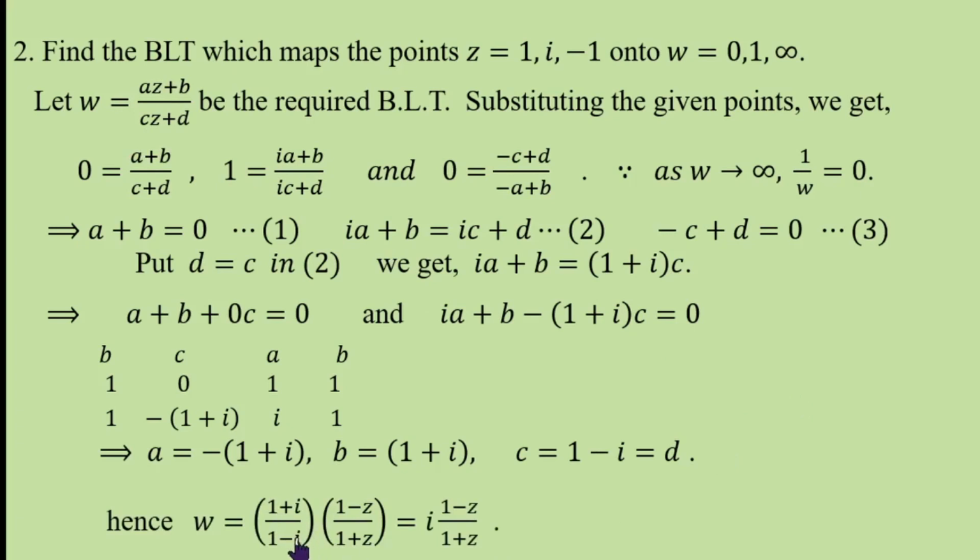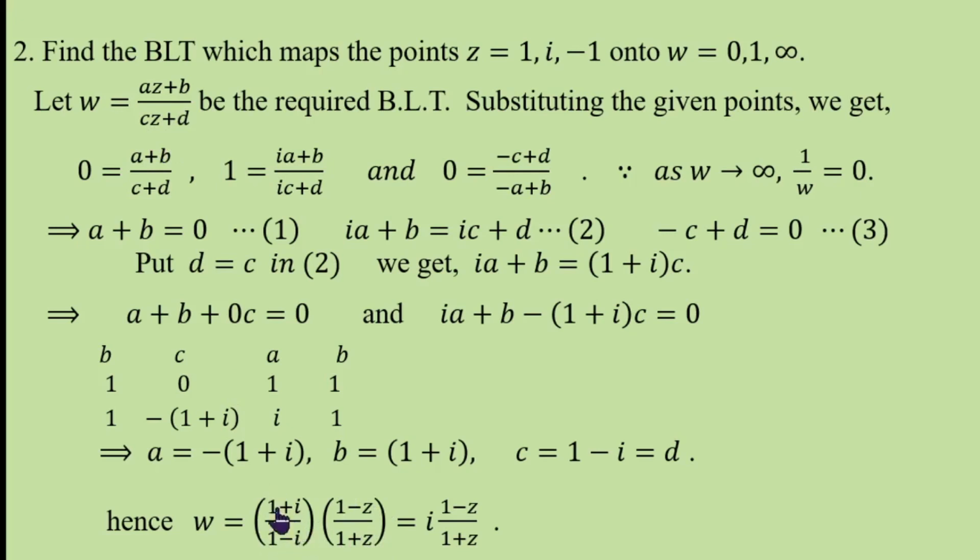Therefore, W = (1 + i) by (1 - i) into (1 - Z) by (1 + Z). This is the required W after substituting. Because A is negative, B is positive, 1 + i is taken outside, -1 into Z + 1, or 1 - Z. In the denominator, C and D are equal, that is 1 - i, therefore Z + 1 or 1 + Z.